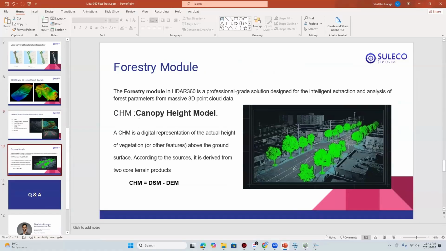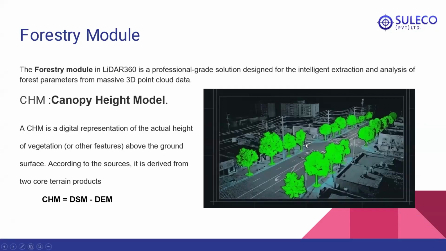Here are the forestry modules. In the forestry module, we can access it using LiDAR360, also LiDAR360 MLS. It automatically identifies all the canopy areas and vegetation as previously. Also, we can identify all the trees individually for our requirement.